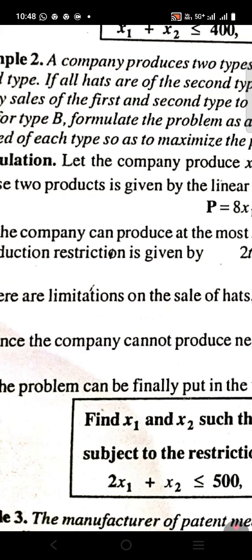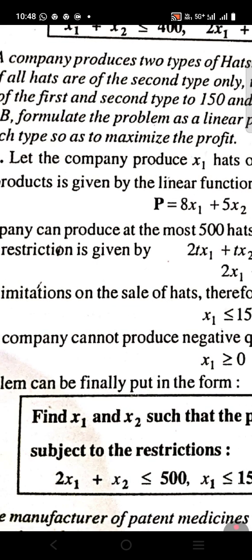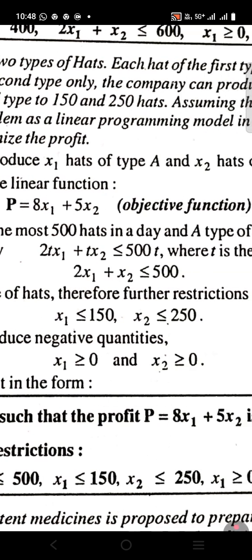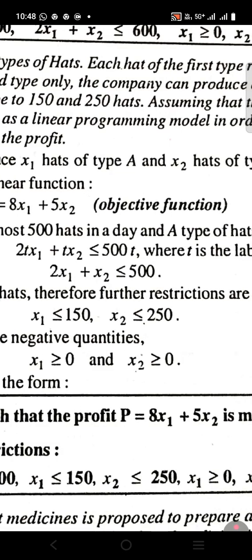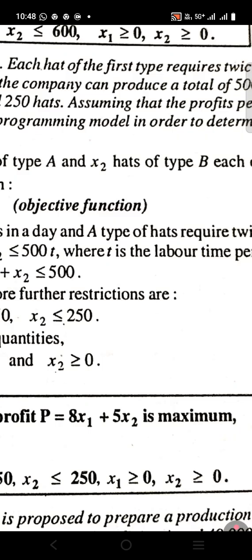Hence, the problem can finally be put in the form: find x1 and x2 such that the profit P equal to 8x1 plus 5x2 is maximized.